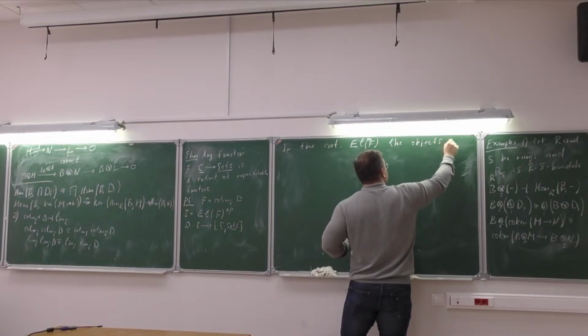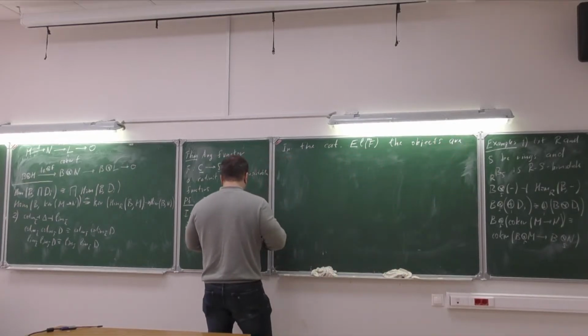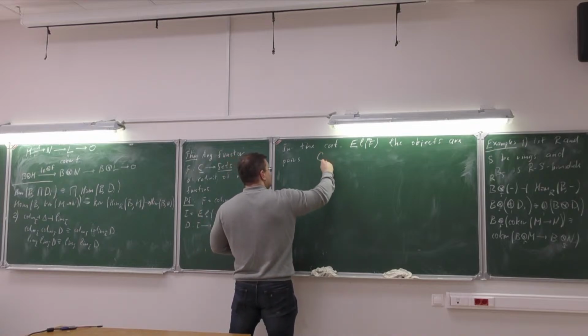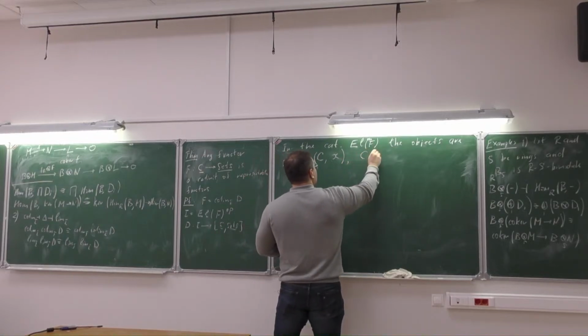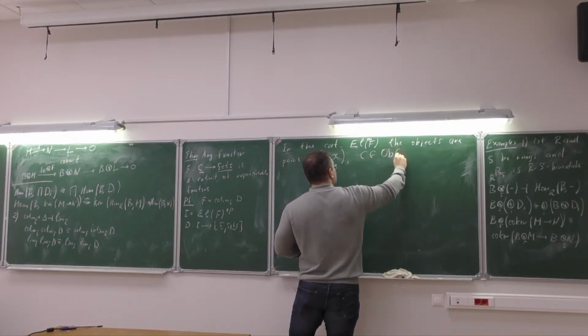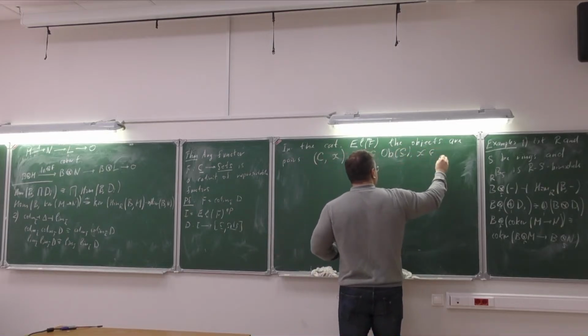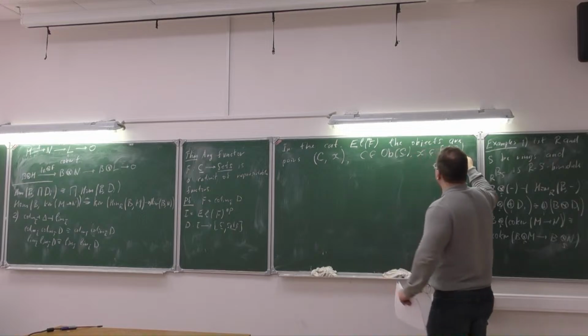the objects are just formal pairs, pairs of an object C and a point X. In this case, C is just an object in the given category, and X is, well, you apply the functor F, you get some set, and you choose in this set a point.